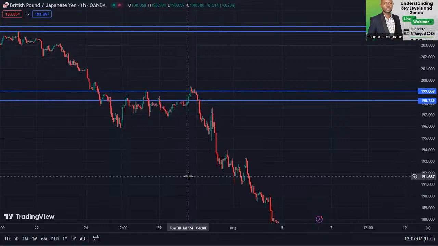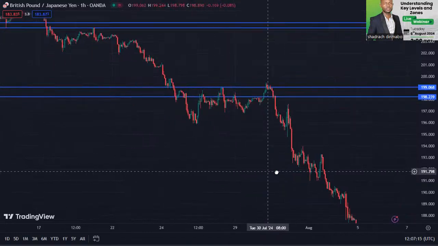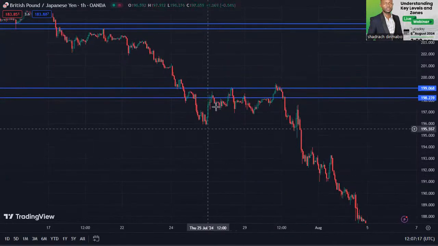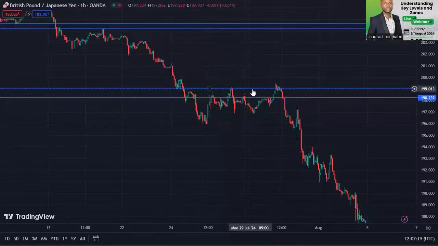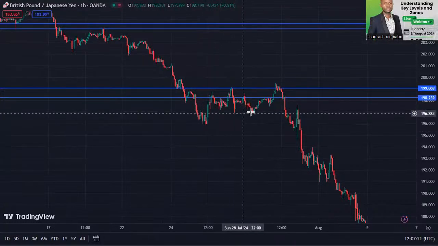It's a very practical section because when you want to trade, these are the things you do. You first of all identify your zone. Look at this one now. We have this zone level, and then we have a trend line confluence here.